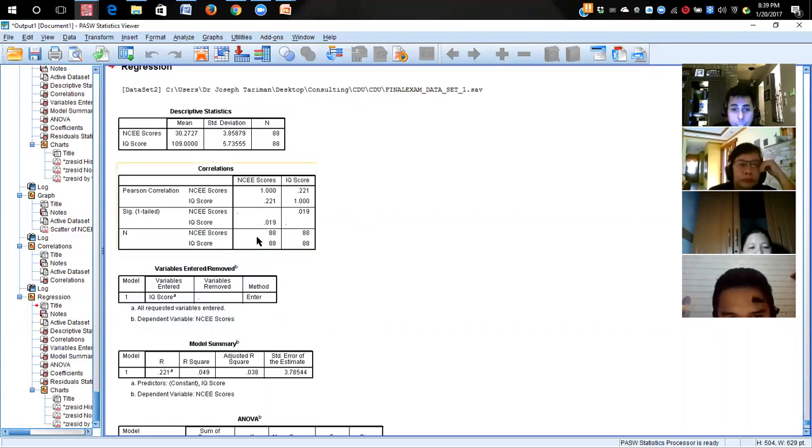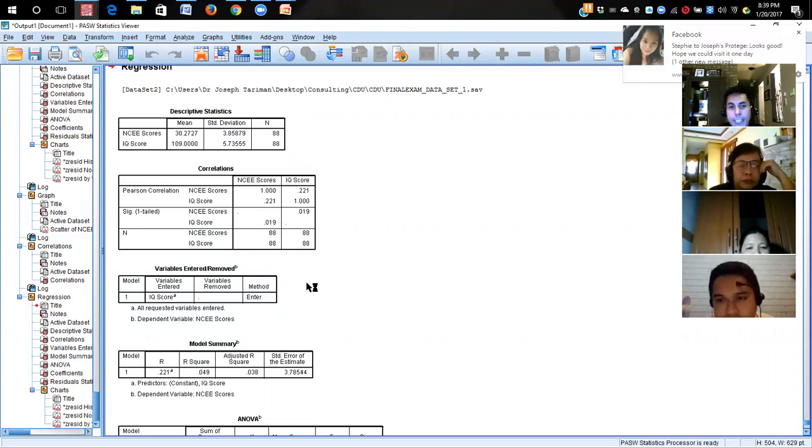And then, as you can see here, the significance is 0.01, which is slightly lower than what we got when we did the Pearson correlation, which was 0.03, correct? So that's an output that you see in regression.